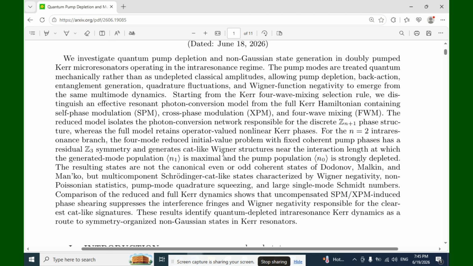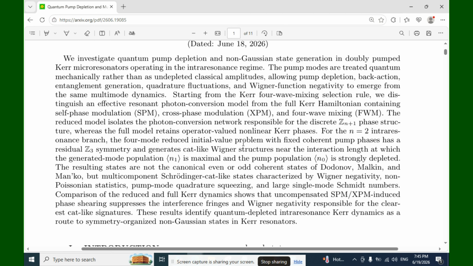intra-resonance branch. The four-mode reduced initial value problem with fixed coherent pump phases has a residual Z3 symmetry and generates cat-like Wigner structures near the interaction length at which the generated mode population is maximal and the pump population is strongly depleted.